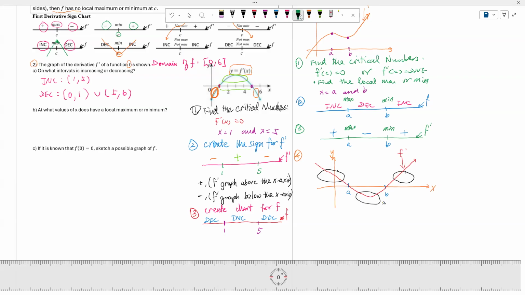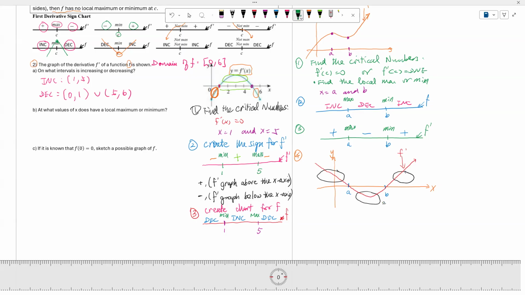Then I would like to determine the local maximum and minimum. Of course, from decreasing to increasing, we have a minimum here. Increasing to decreasing, we have a maximum here. Or we could use the side chart for f prime here: from negative to positive, minimum; positive to negative, maximum.